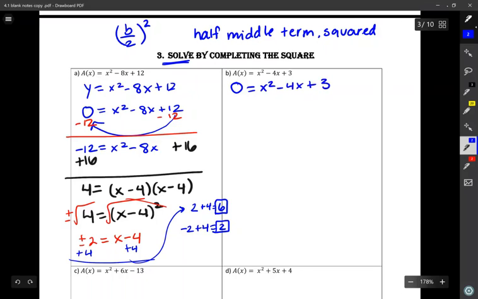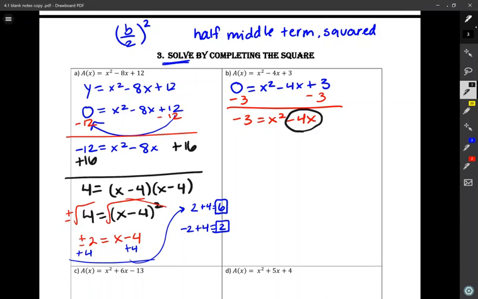Move the 3 over. Complete the square. So half of negative 4 is negative 2. Negative 2 squared is positive 4.